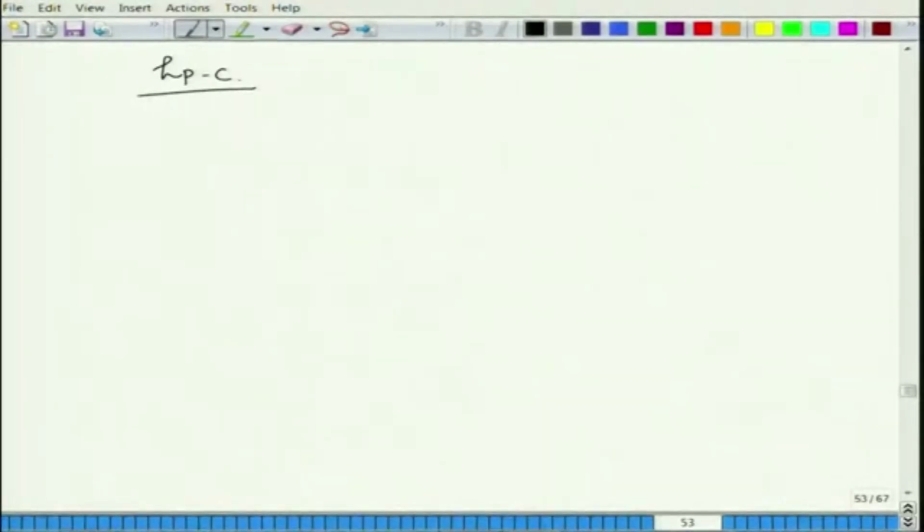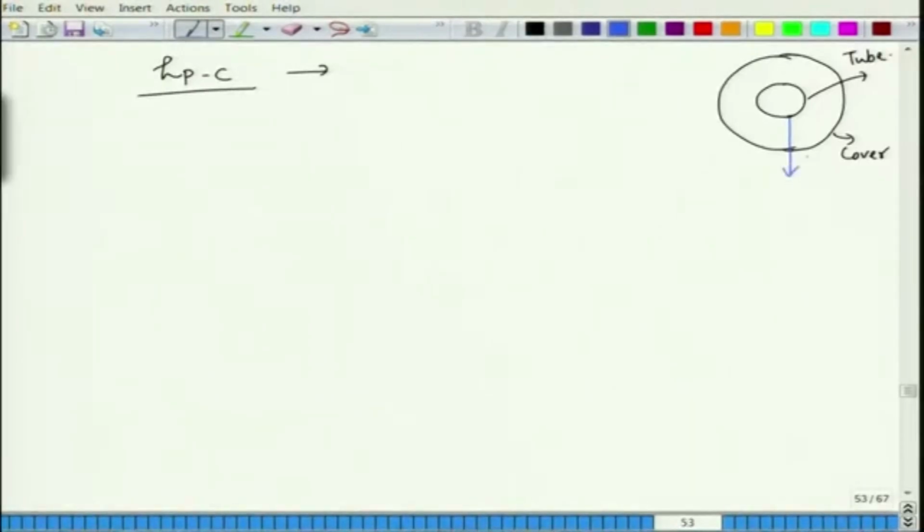Okay. So, what is the geometry? Here we have the tube and here you have the cover, a concentric circle or cylinder rather. So, this is the cover and this is the tube. Okay. And you can see that the area is changing as you go towards the cover.